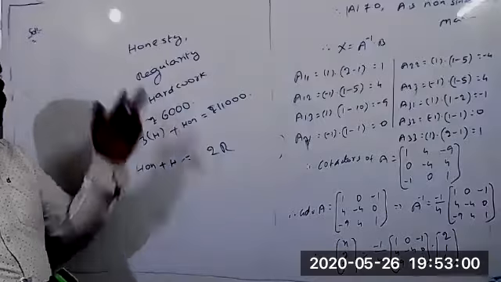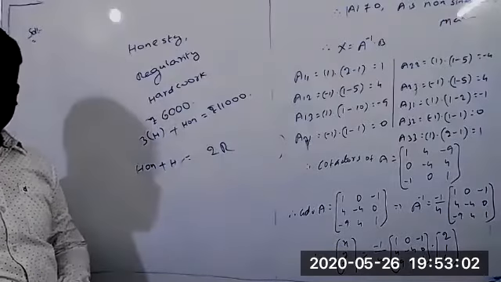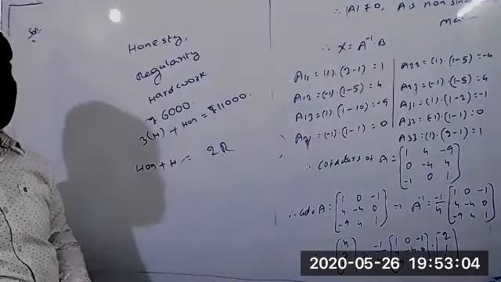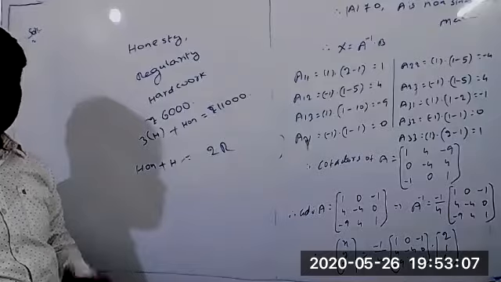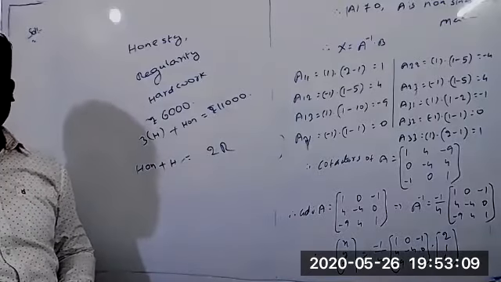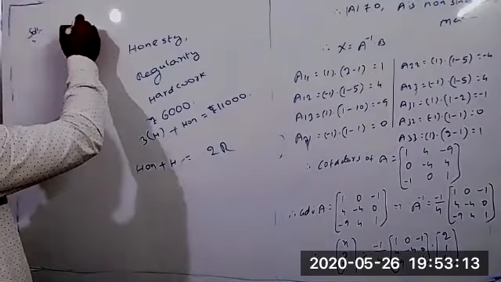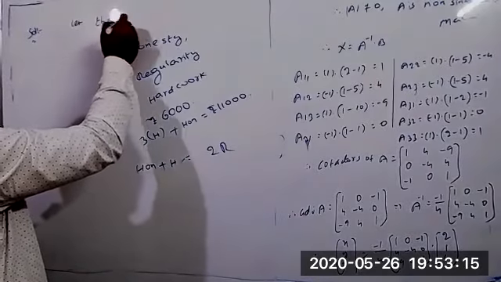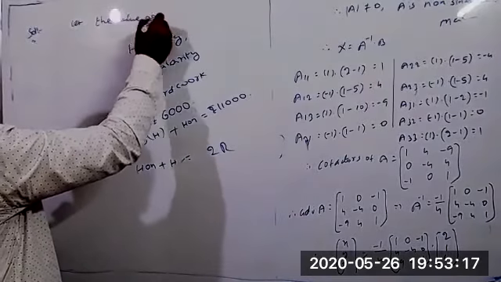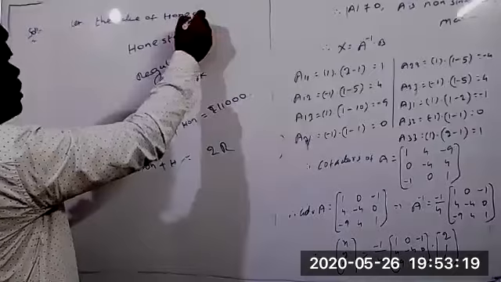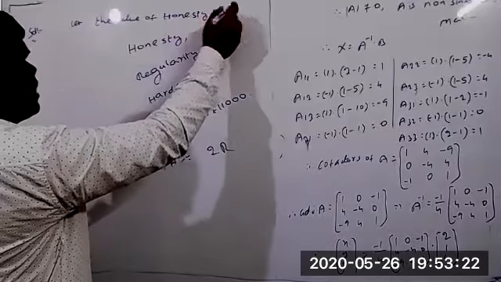Three unknown values are given. The three unknown values are honesty, regularity, and hard work. So what we'll do now? First, let the value of honesty equal X rupees.